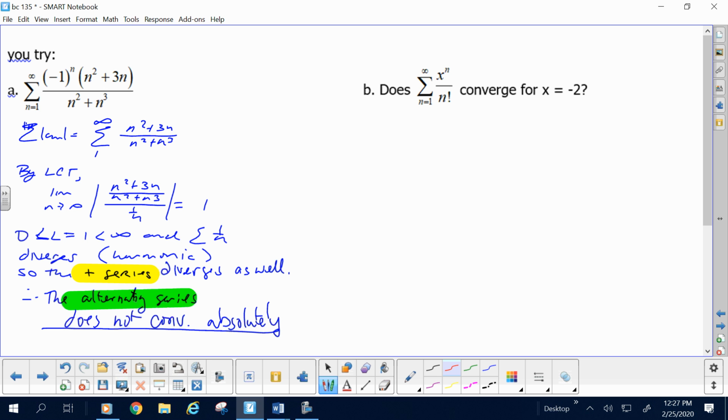Cool, Mindy. What about the next one? If you put -2 in for x, the top's going to grow, but the factorial, will it balance out? Which one's going to get bigger faster, factorial or geometric? Okay.